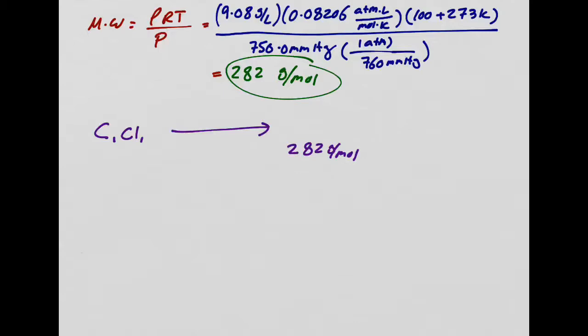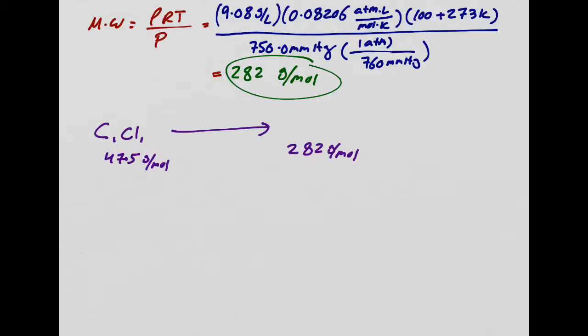Now, can you calculate for me really quickly the molecular weight of C1Cl1? One carbon, molecular weight of 12, plus Cl, molecular weight of 35.5. So if you add them together, what you end up getting is 47.5 grams per mole.